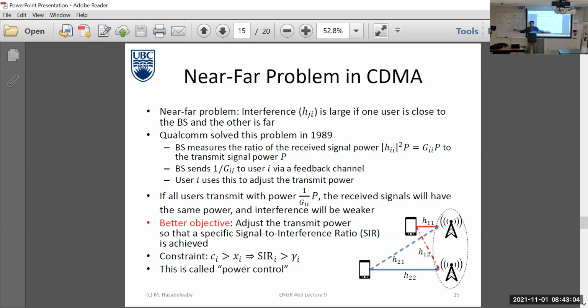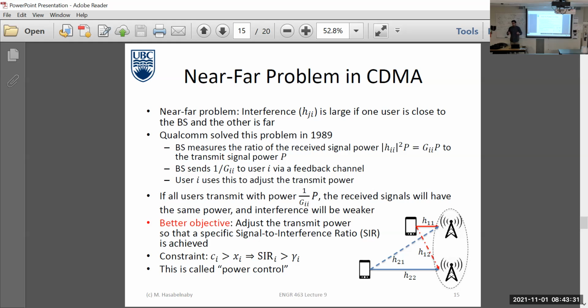You will tell me to tell the user who transmits at high power to reduce the power to be equal to all other users. This is a good solution and it can solve the problem, but it is not the optimal solution. We still have other, more optimal solutions.